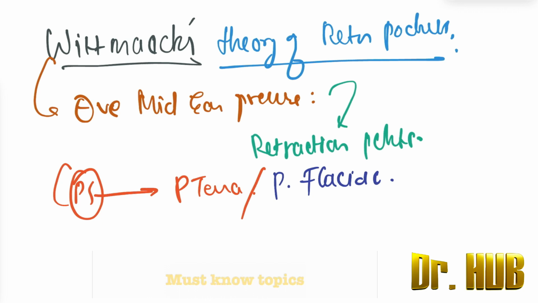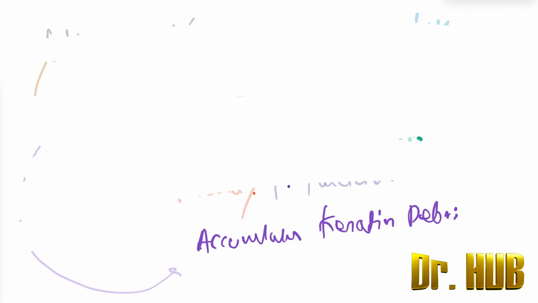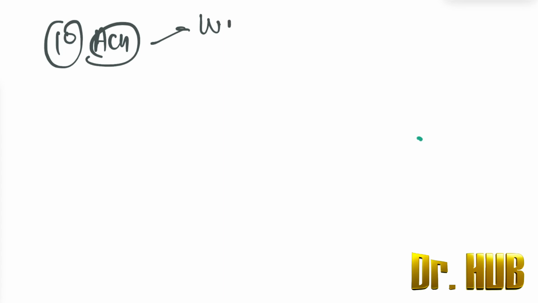These accumulate keratin debris. Wittmaack's theory comes under the primary acquired cholesteatoma.